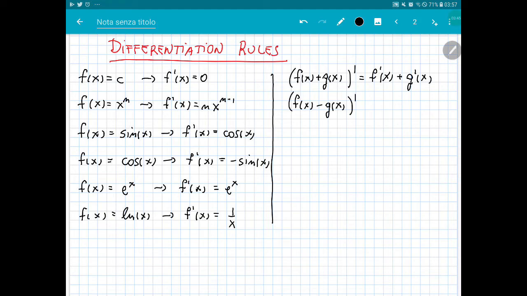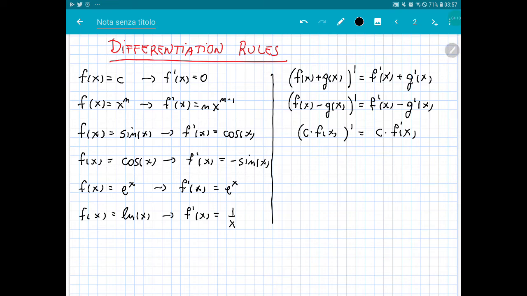If you take the derivative of the difference, this is going to be equal to the difference of the derivatives. If you have a constant times a function, then its derivative is the same as the constant times the derivative of the function. So these are the basic ones.